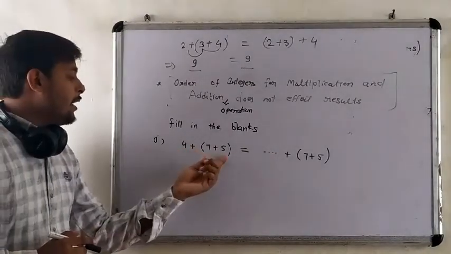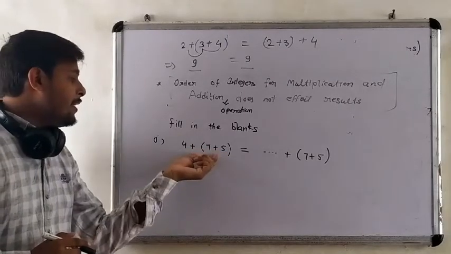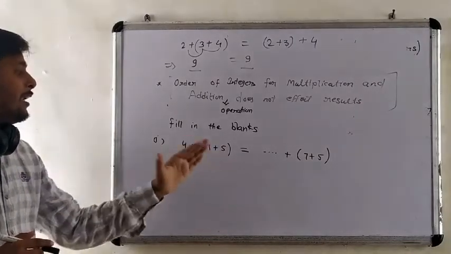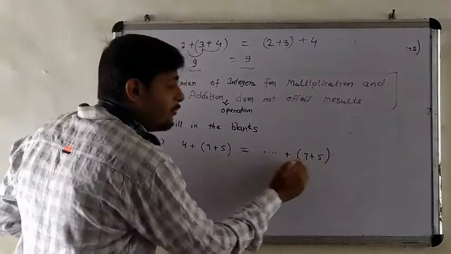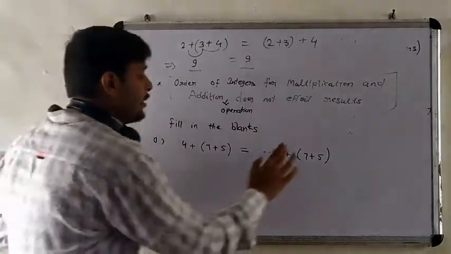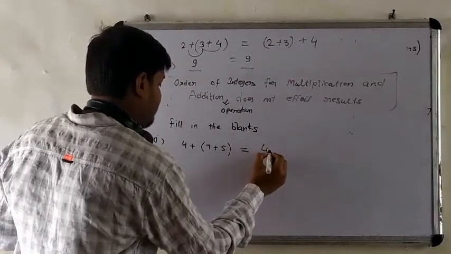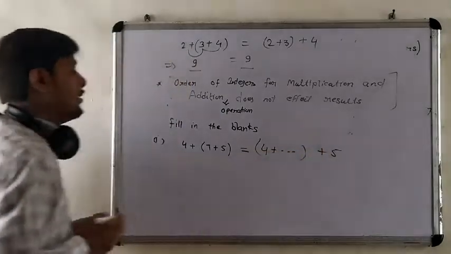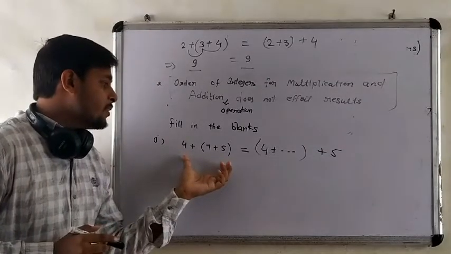See, here are three integers, and each integer is operated with a positive sign. Left hand side contains 3 integers, so right hand side must have 3 integers. Just add these numbers.